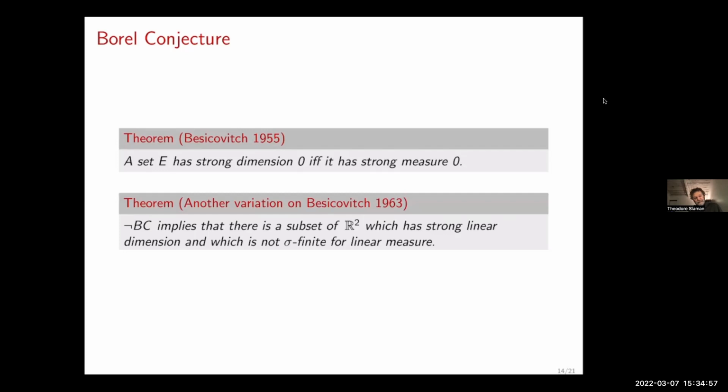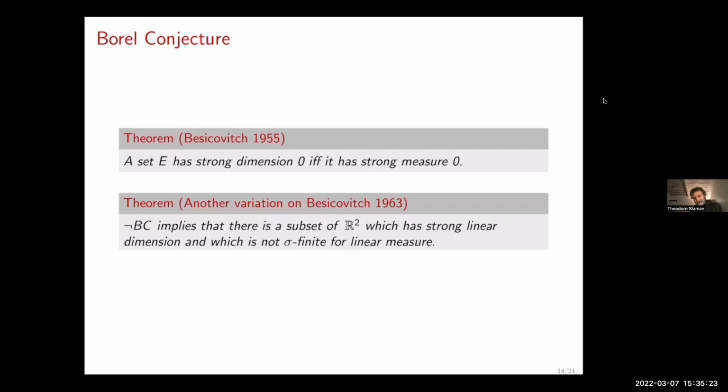This is another variation on that, with line segments and the special set of y coordinates. If the Borel conjecture fails, then there is a subset of the unit square which has strong linear dimension, but is not sigma finite for linear measure.